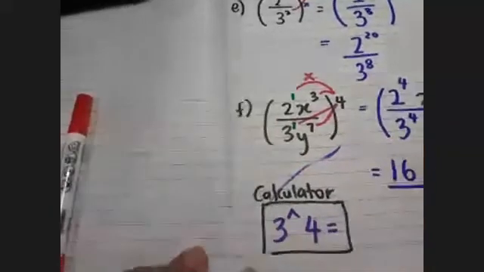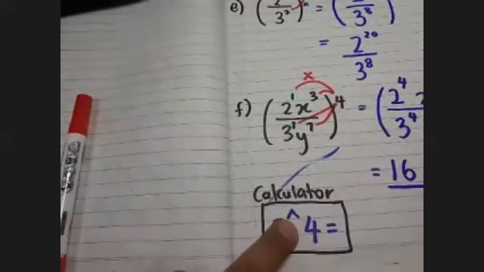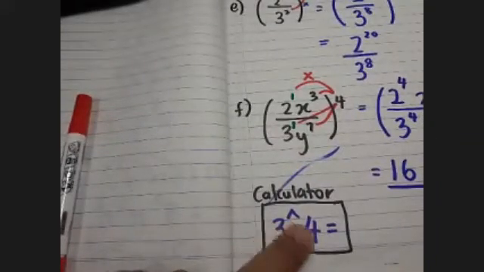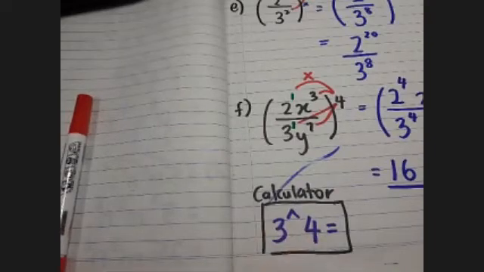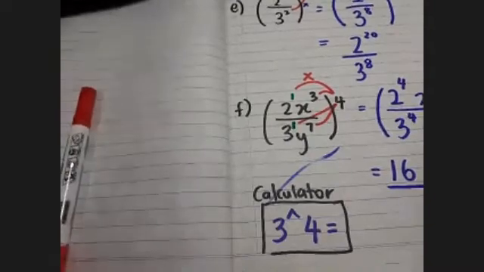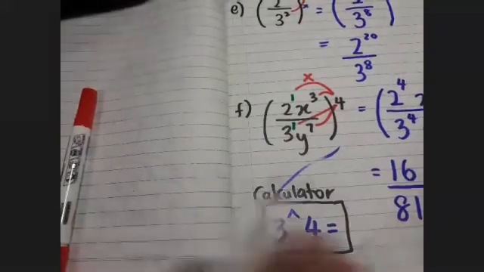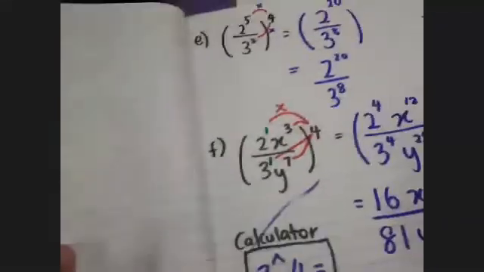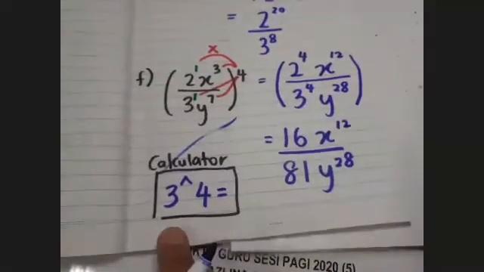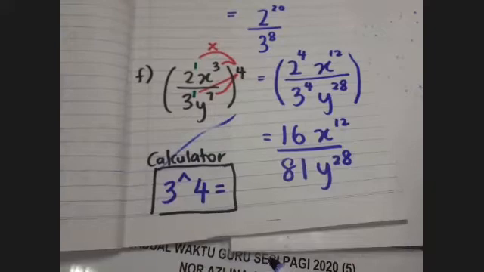You can use your calculator to get 3 power of 4. You press 3. You press this symbol. You press 4. And then equal. Okay, you get 81 y power of 28. Okay, 81 y power of 28.